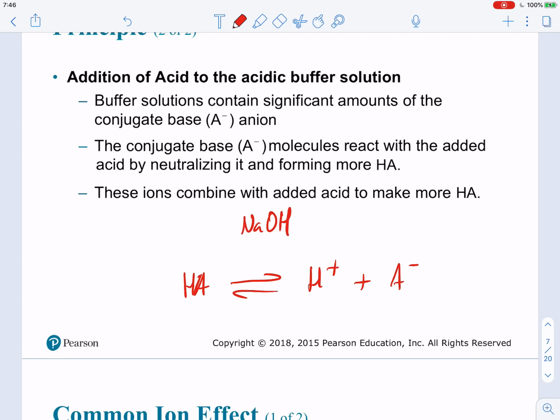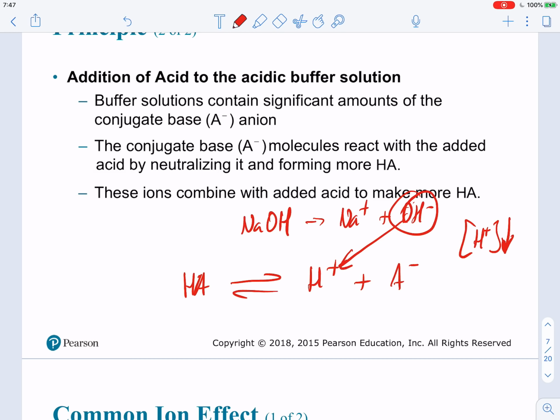Sodium hydroxide will give you Na plus and OH minus. This OH minus will react with the proton. So adding the base will make the concentration of H plus go down. It's equivalent to removing H plus.